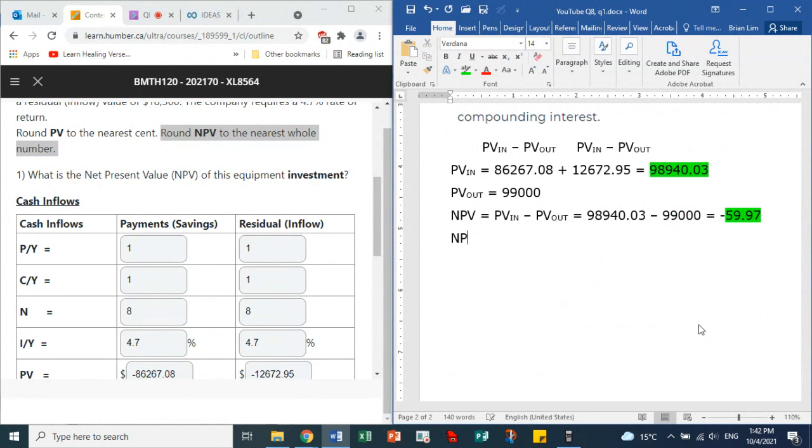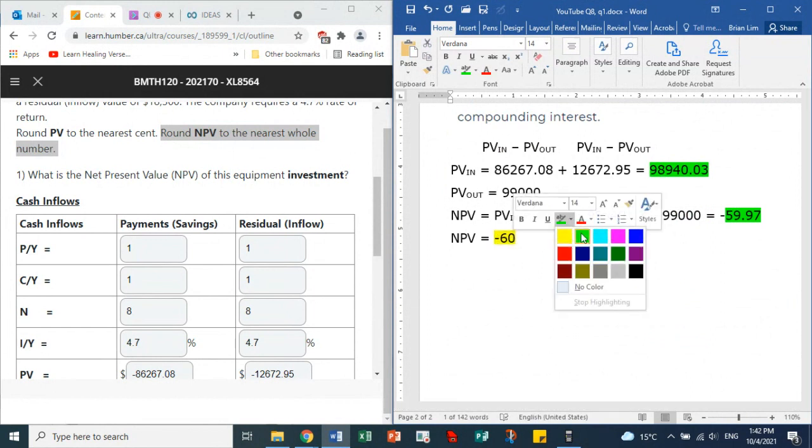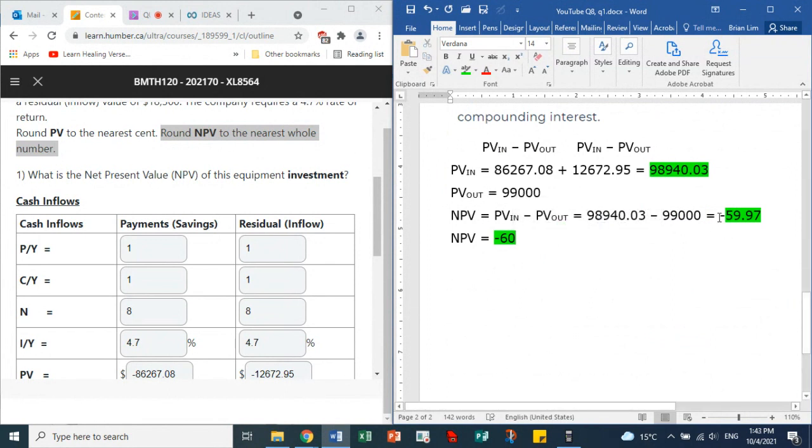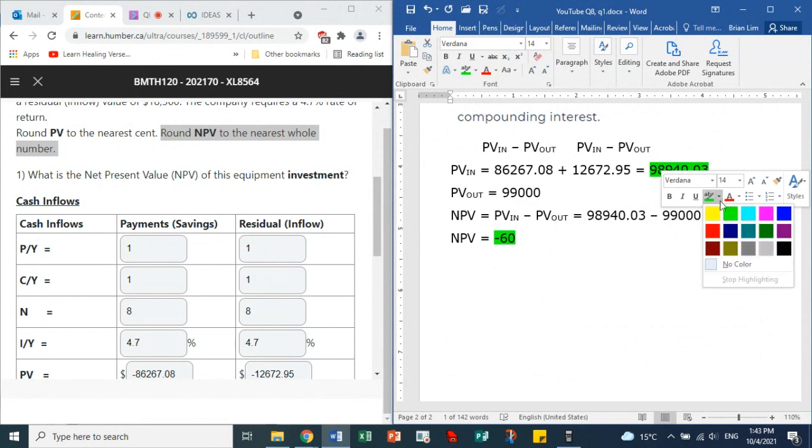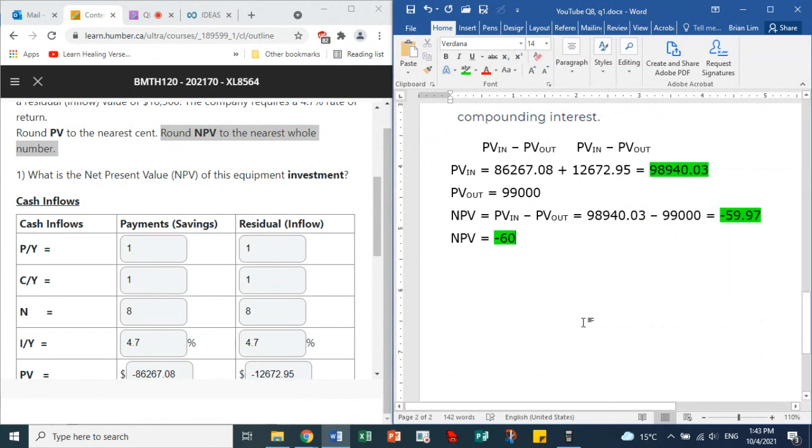So the net present value, but it's negative, we must put in that negative, would be 60. All right, so this is the correct answer. We must have the negative in there. Maybe we should take care of that over here also and put it all in green so that it's all encompassed. All right, so negative 60.